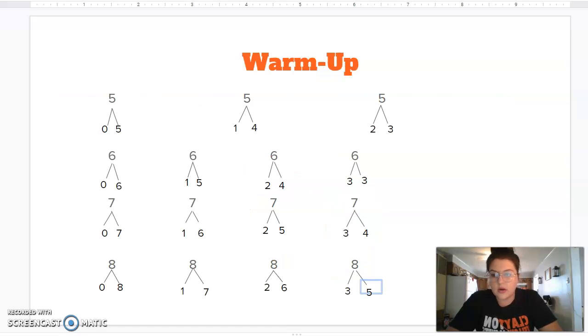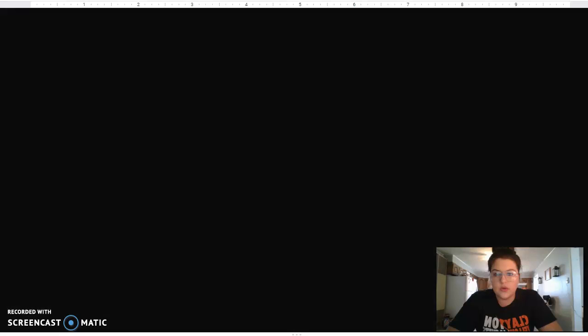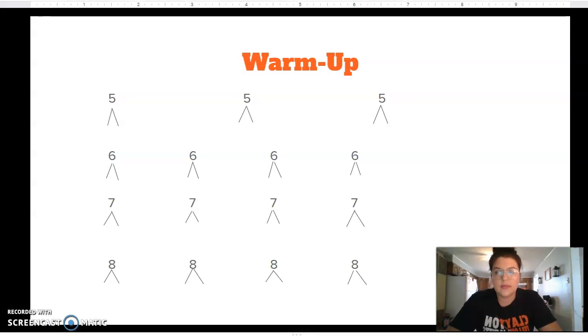So this is going to be our warm-up for today. When we look at these numbers, we know that these here are number bonds, okay? We should all know that. So this is just a warm-up to get us practicing.